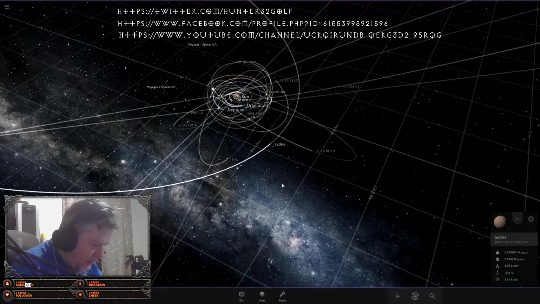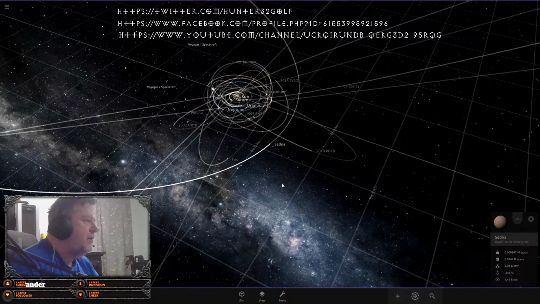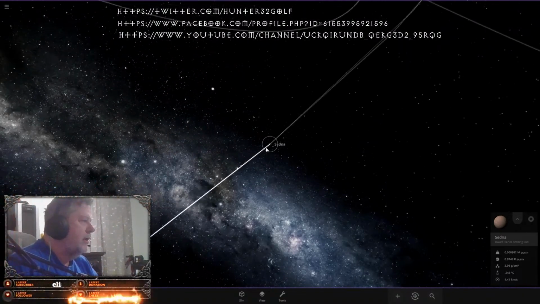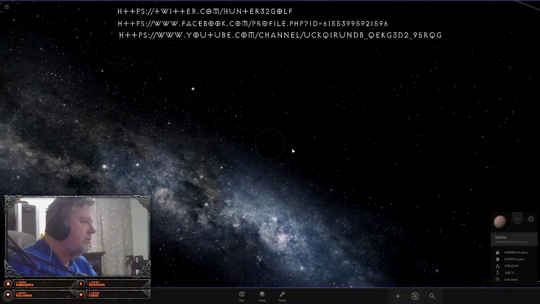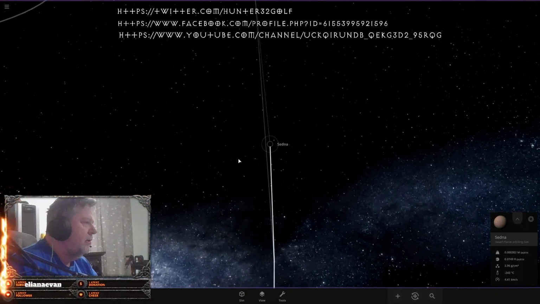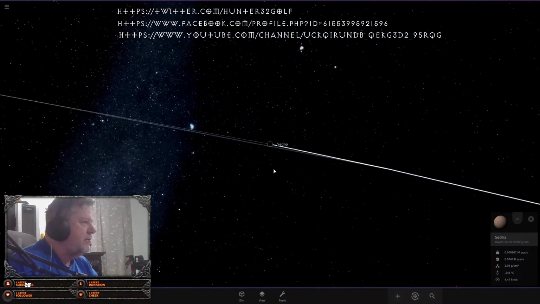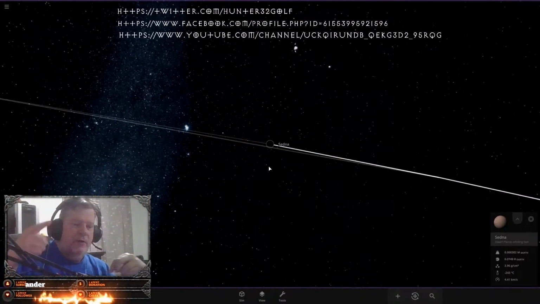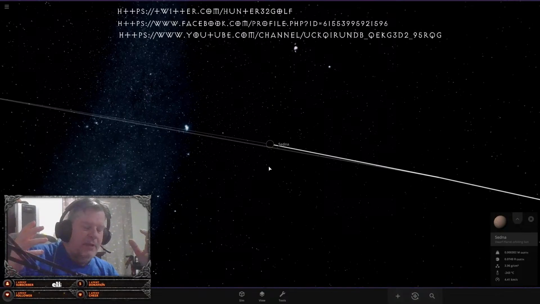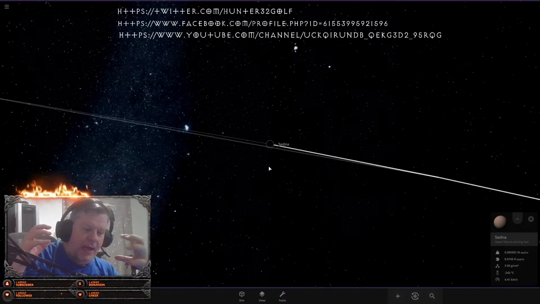So Sedna is a dwarf planet, and it's red. It's even redder than Mars. And they believe that it's red like this because of the ice that's in it, right? The Oort cloud, and later we'll talk about the Kuiper belt, their objects are mainly ice.